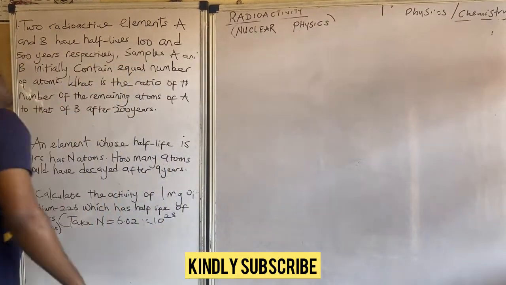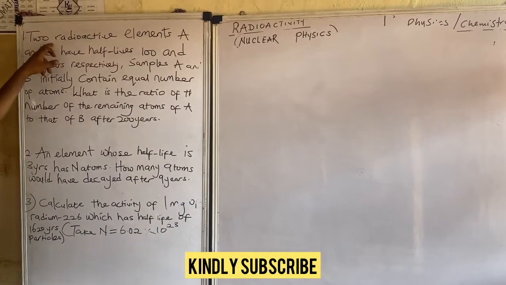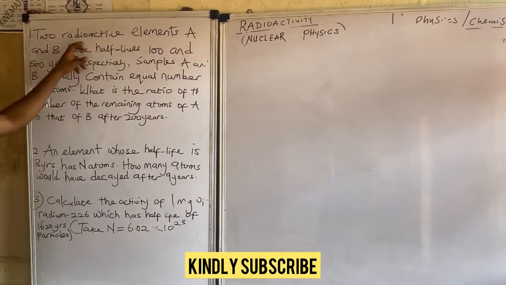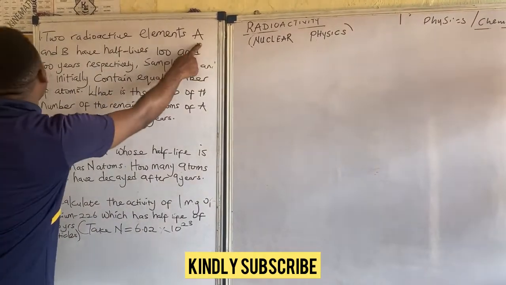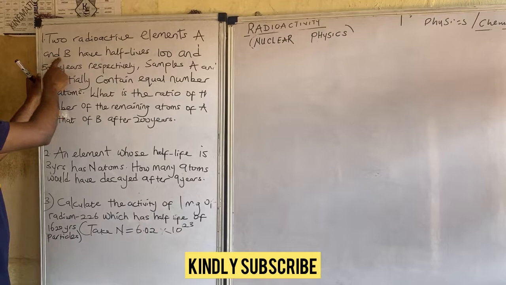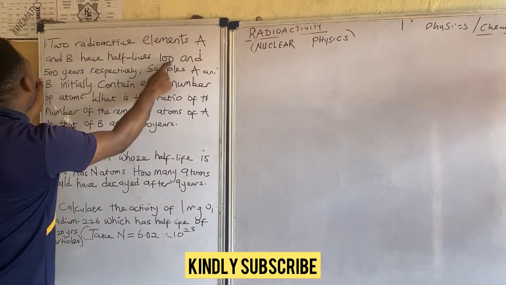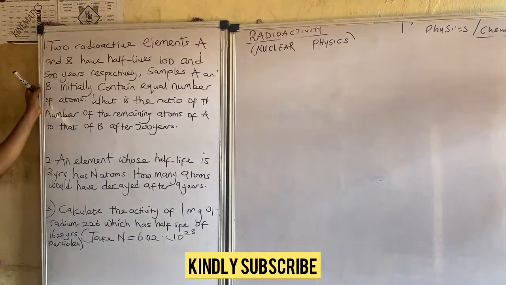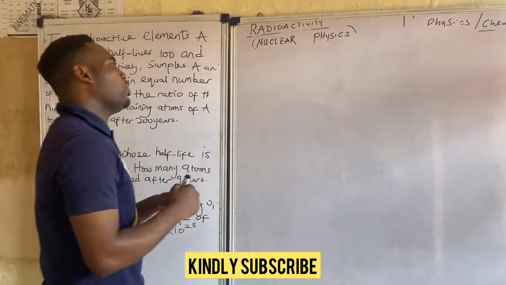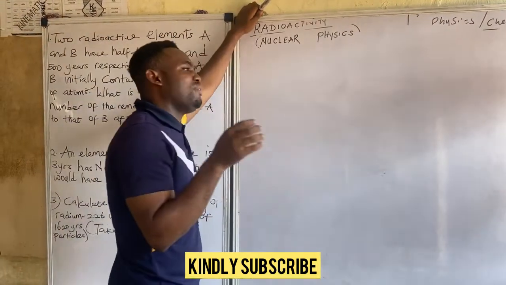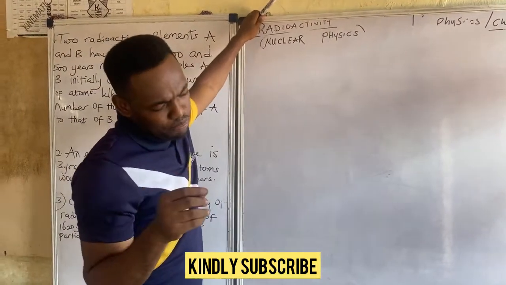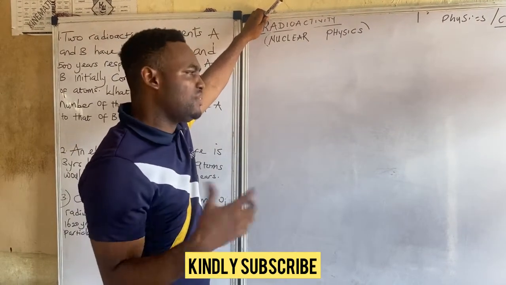Now, look at question 1. The question says, two radioactive elements, A and B, have half-lives of 100 and 500 years. Remember what I told you: in physics, whenever you want to solve calculations, write out your parameters. Even in chemistry, it is very, very important.